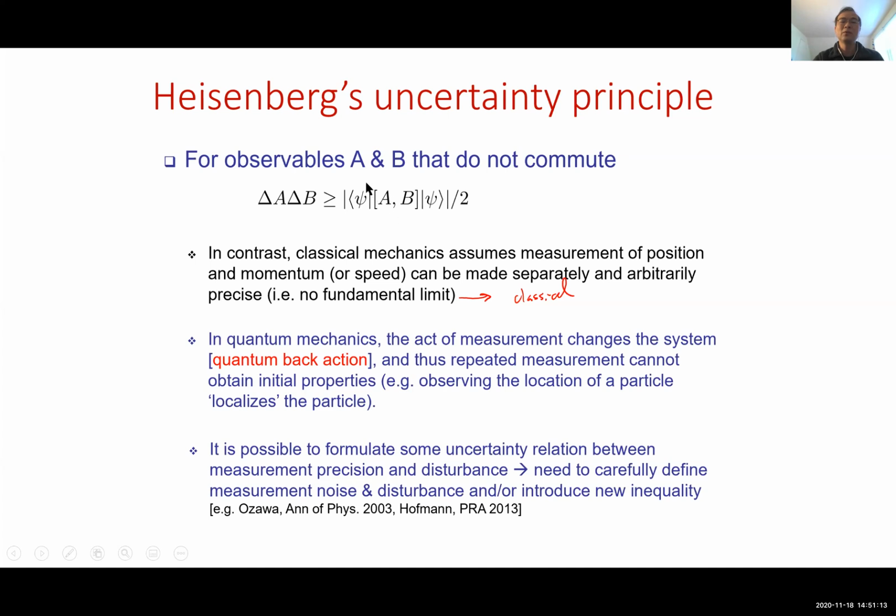The lower bound would always be related to the anti-commutation. This means that if the two observables commute, in principle they can be simultaneously measured arbitrarily precisely. Okay, so that's the interpretation and understanding of Heisenberg's uncertainty principle.